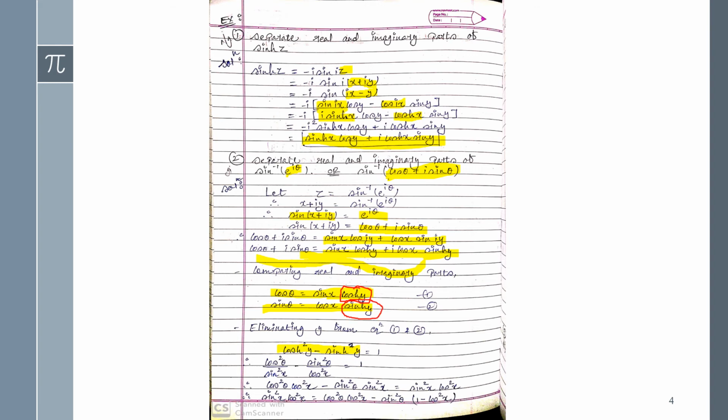Okay, so cosh square y equals cos square theta upon sin square x, and in place of sinh square y we can apply sin square x upon cos square x.